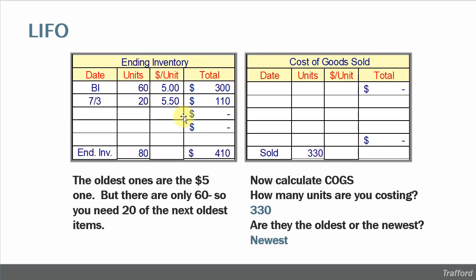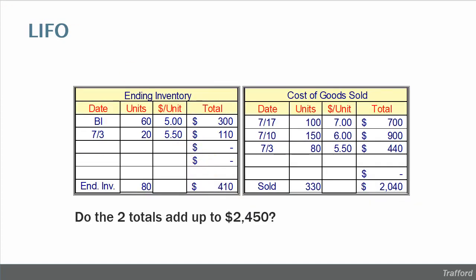then come back and compare to my answers. For ending inventory, we take the 60 black ones plus the 20 blue ones. These are the costs associated with those layers, added up to $410. For cost of goods sold, there were 100 of the newest possible umbrellas, 150 of the next newest layer, and then the other 80 blue umbrellas. 20 of the blue umbrellas went here, the other 80 blue umbrellas go over here.